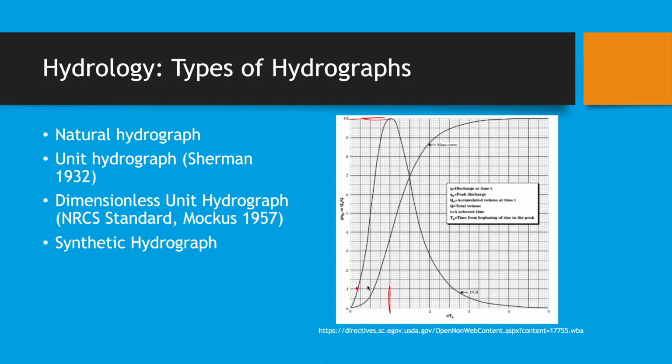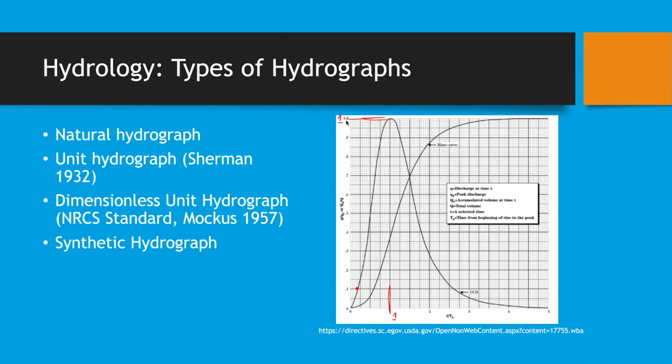So if we were to talk about this point, this would be the time relative to the time to peak, right? Every point on here is time relative to time to peak. So that's why this is 1. And then on our y-axis, everything is discharge relative to peak discharge. So that's why this is 1, right? So everything is relative to the peak discharge and the time to peak discharge.